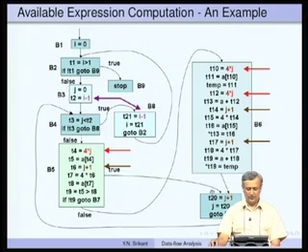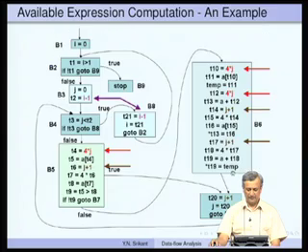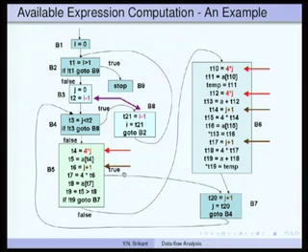We want to compute the in B of a basic block. Let us say we want to compute the in of this particular basic block B 7. Then we take the intersection of the outset of this particular basic block and the outset of this particular basic block, and then take the intersection, of course.